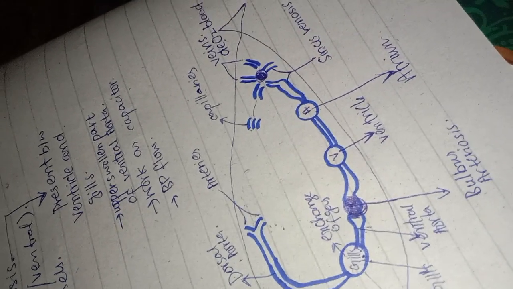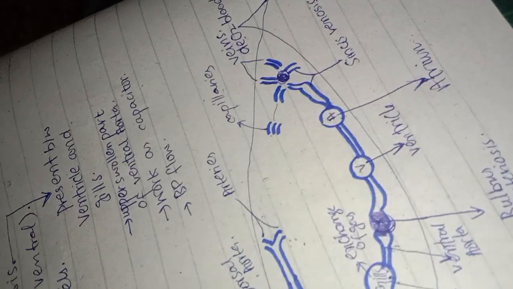The veins carry the deoxygenated blood to the sinus venosus, and one vein is the coronary vein. It carries deoxygenated blood.